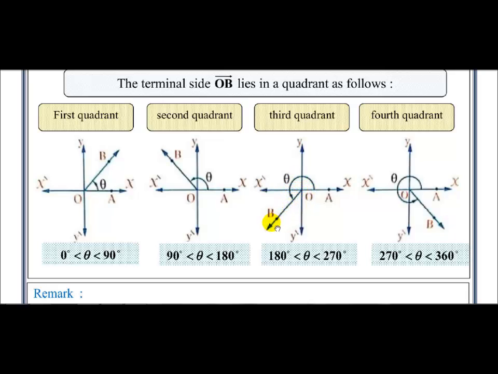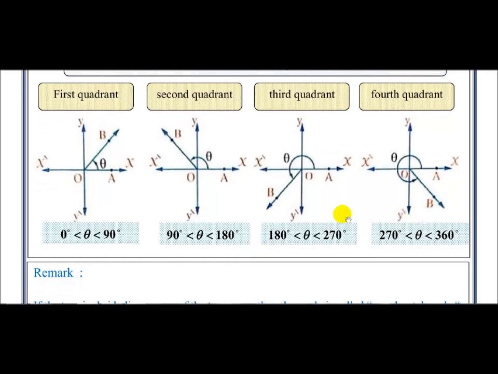My terminal is in the third, then the position of this directed angle is the third quadrant. And then this terminal is in the fourth, then the position of this directed angle is the fourth quadrant.